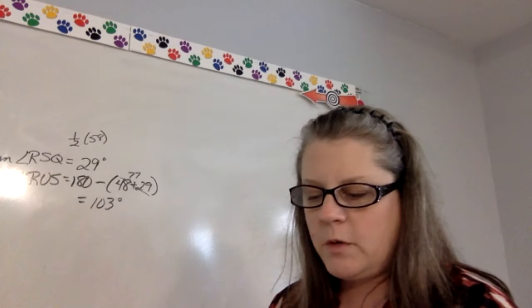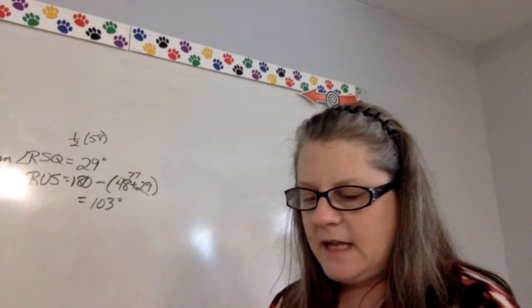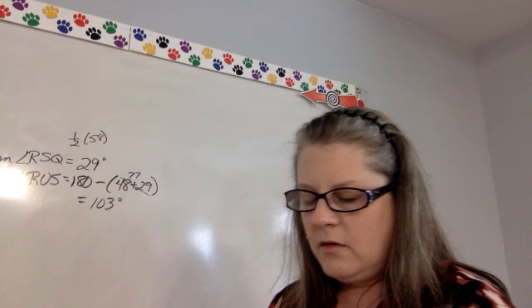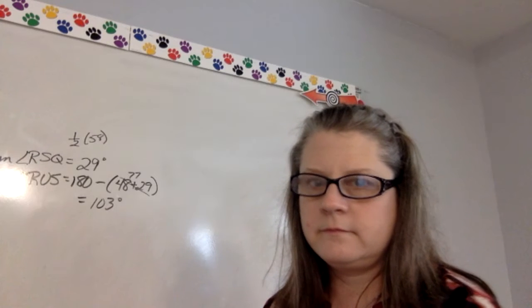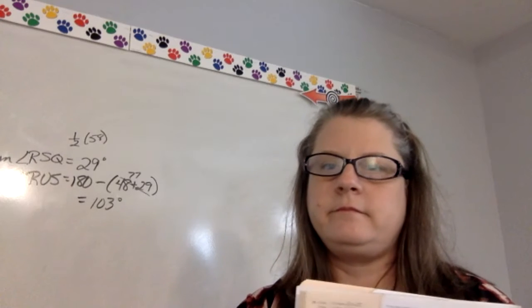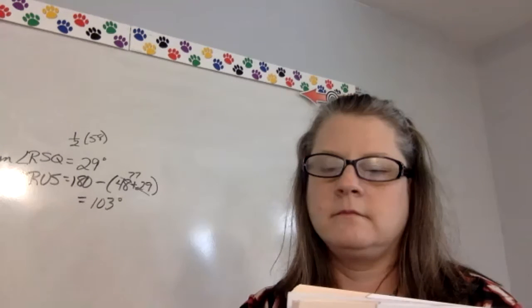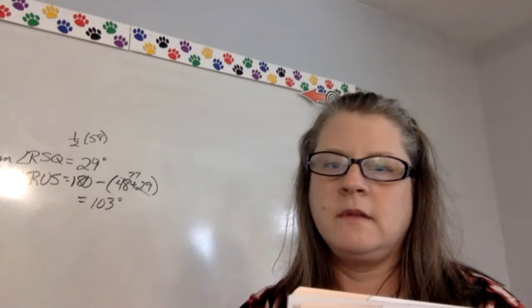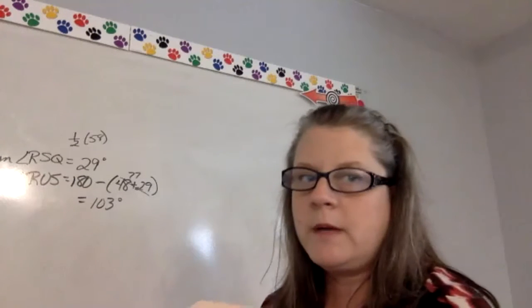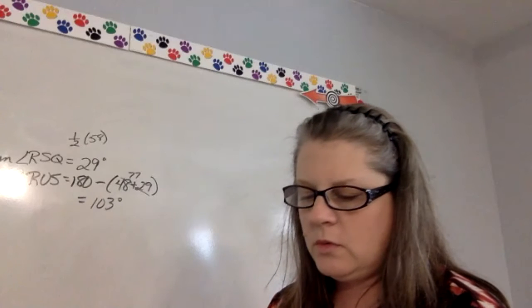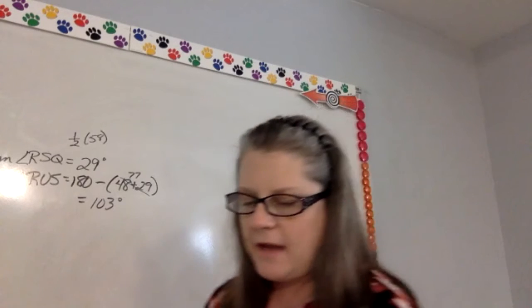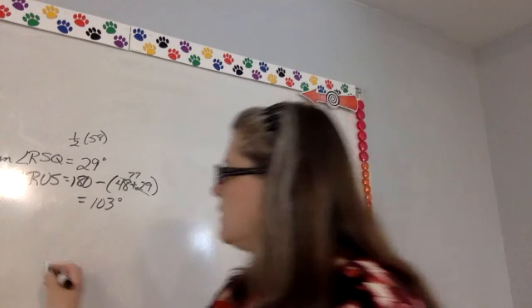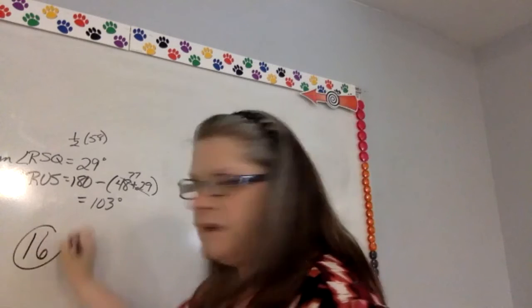Now, for number 3 statement, they did it for the reason of angle addition postulate. So you know it's going to show angles being added together. For number 3, this is on 16.